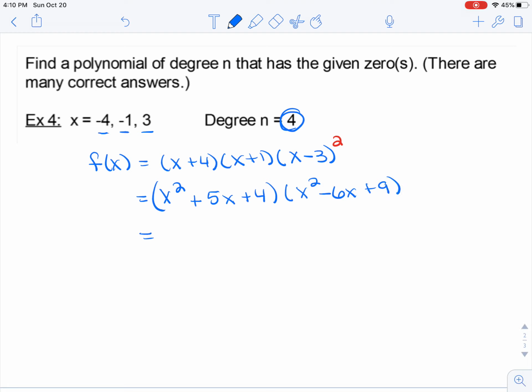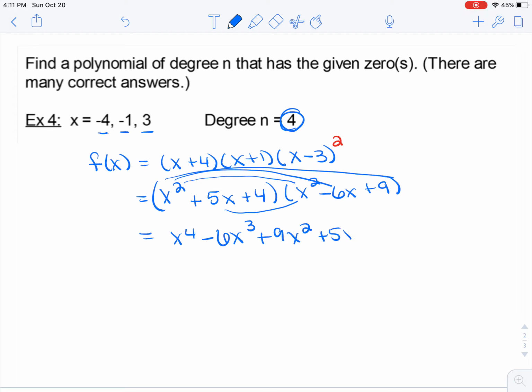So I can FOIL x squared times x squared is x to the fourth. X squared times negative 6x is going to be negative 6x cubed. X squared times 9 is going to be 9x squared. 5 times x squared, that's going to be 5x cubed. 5x times negative 6x is going to be negative 30x squared.